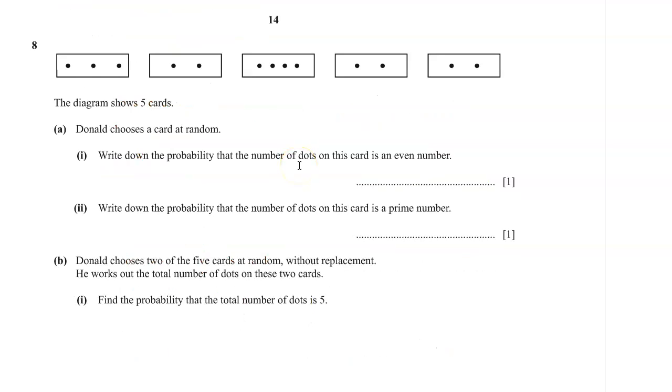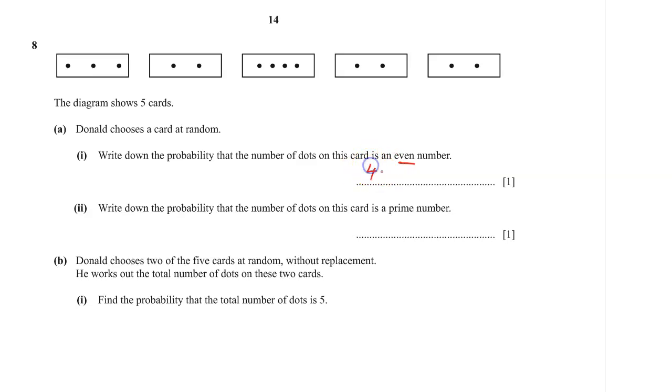The diagram shows 5 cards. Donut chooses a card at random. The first card has got 3 dots, then 2 dots, 4 dots, 2 dots, 2 dots. Write the probability that the number of dots on this card is an even number. So 1, 2, 3, 4 out of 5.